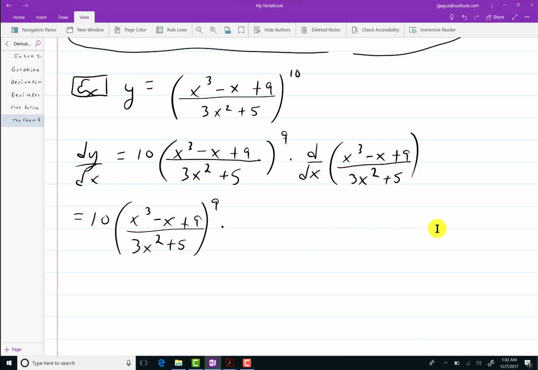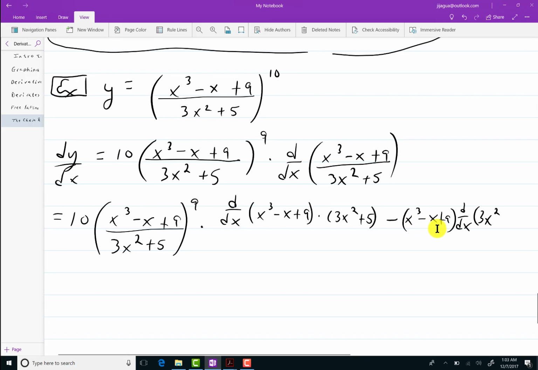So I can have, using the quotient rule, d over dx of (x cubed minus x plus 9) times (3x squared plus 5), minus (x cubed minus x plus 9) times d over dx of (3x squared plus 5). All of that is over (3x squared plus 5) squared.